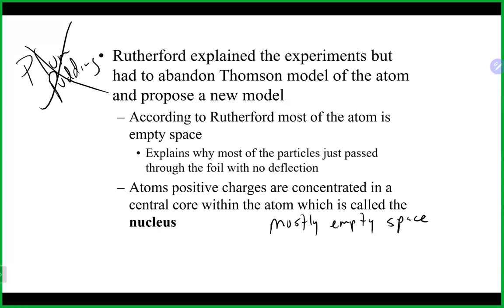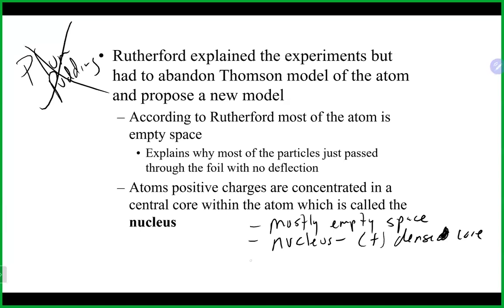And that is really what accounts for those alpha particles going right through with no problem. They also said that it had to contain something which they called a nucleus, which was a very positively charged, dense core.